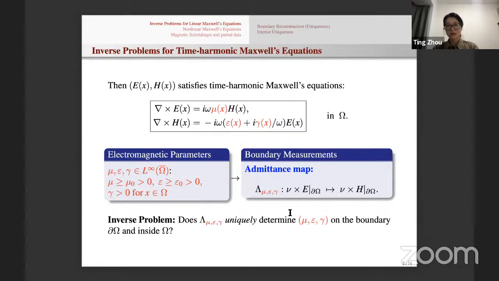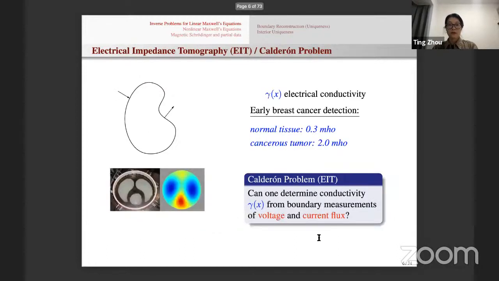Keep in mind, I'll be introducing results for Lipschitz boundary and C1 parameters. I think I'm missing some letters in these slides, but this is just to recall, as a parallel comparison, the Maxwell's equations case and the Calderon problem, where you only focus on recovering the conductivity.